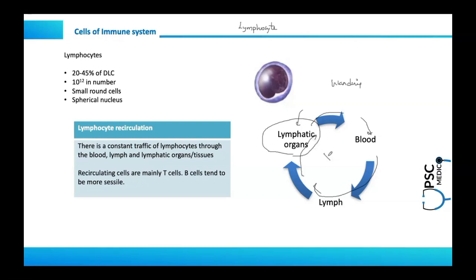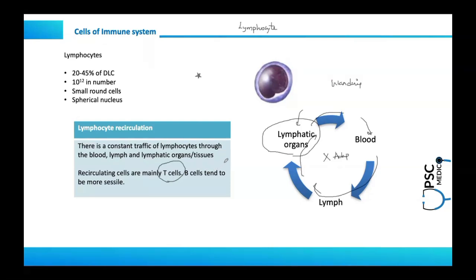So that's the reason, though the lymphocytes come under adaptive immunity, they try to be readily available to act against any foreign antigen. So they recirculate. When you check the blood sample, the recirculating cells are mainly T cells, and B cells prefer to be more sessile.